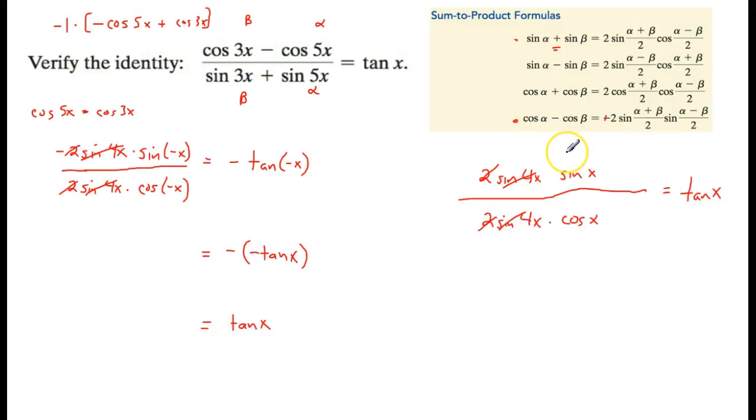All right, so that's an option that you have anytime you ever have subtraction and you're using these identities and you're using the ones that have subtraction. If the second term that's being subtracted has a bigger coefficient than the first, you can flip it around. Right? You can flip it around and use the same identity. It's just the other side's going to change. So if this had been sine 3x minus sine 5x, I could still use this one and make this lead off, so we end up with a positive here.